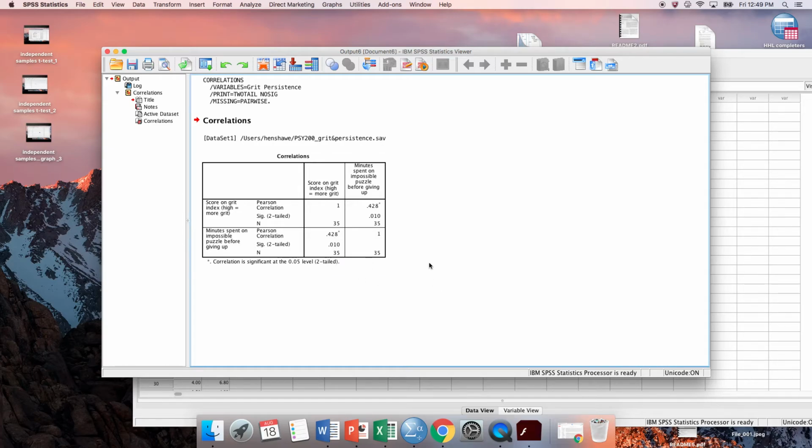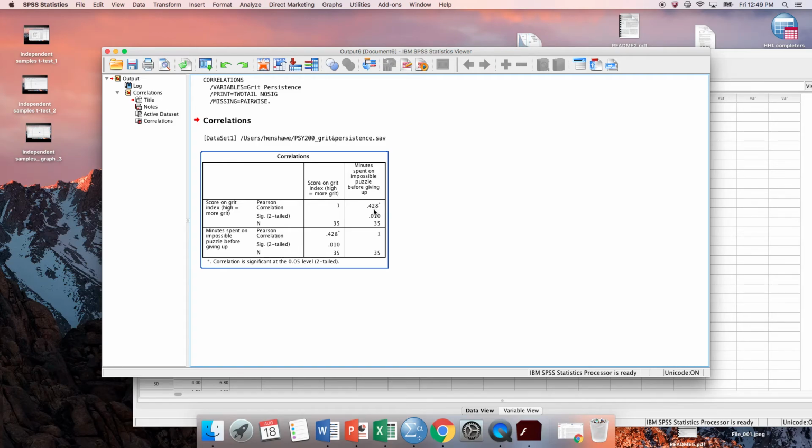So what I can do with this is to see that the significance level or the probability value is below 0.05, meaning that a relationship of this magnitude is not very likely to happen by chance, less than 5% of the time. So that allows us to then reject the null hypothesis that there's no relationship and instead find support for the hypothesis that there is a relationship.